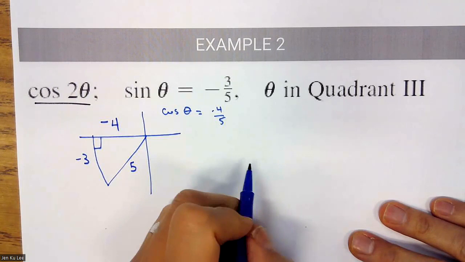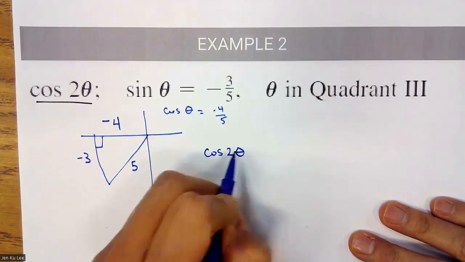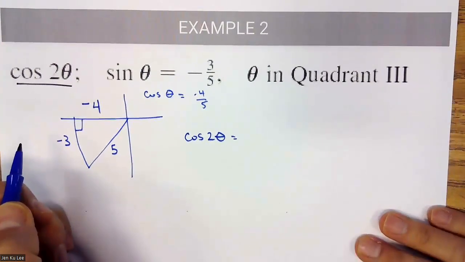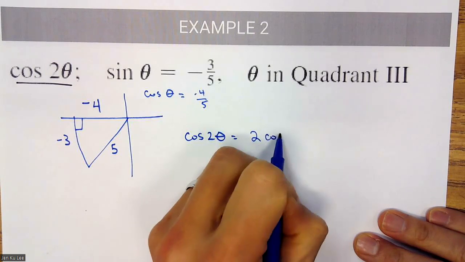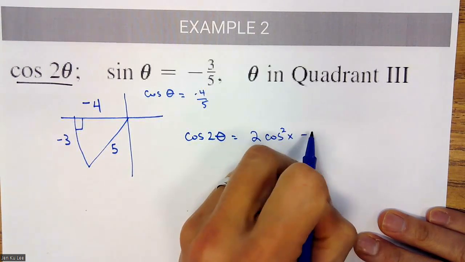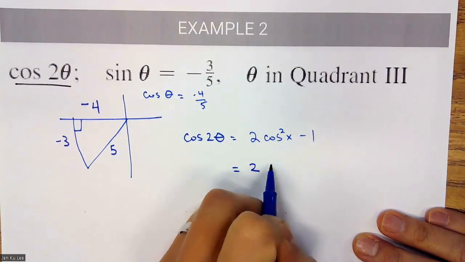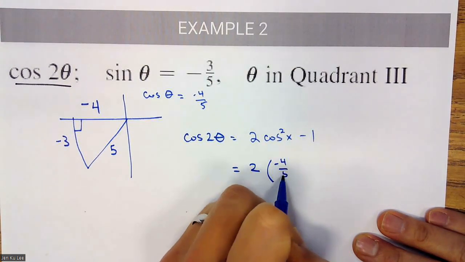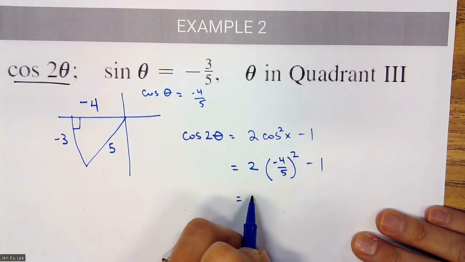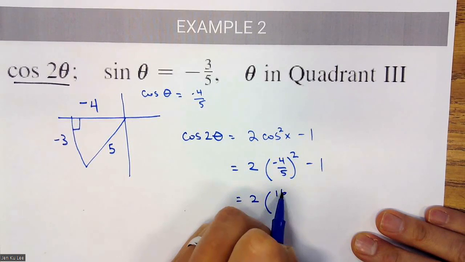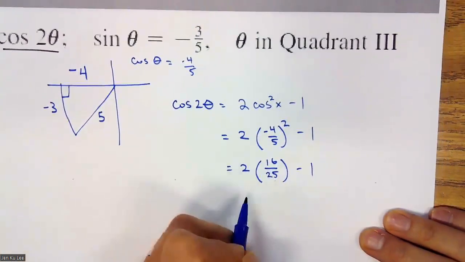Using that, I'm going to use a different formula for the double angle formula for cosine. I'm going to use 2 cosine squared x minus 1. Okay, so 2 times negative 4 over 5 squared minus 1. That's 2 times 16 over 25 minus 1.